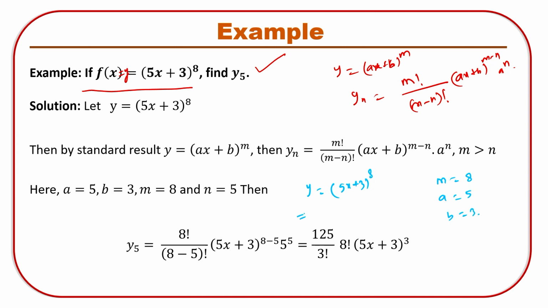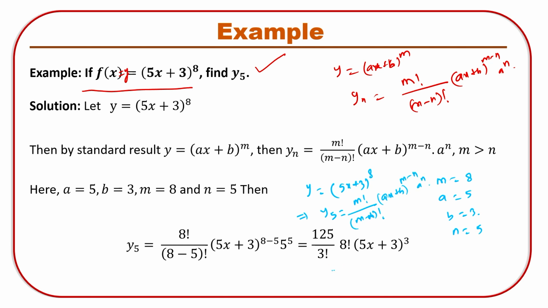And we need to find y5, so n equal to 5. So y5 is nothing but factorial m divided by factorial (m minus n), into (ax plus b) power (m minus n), and a power n, right?